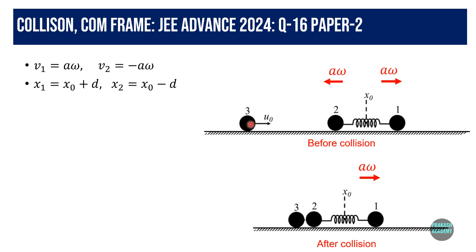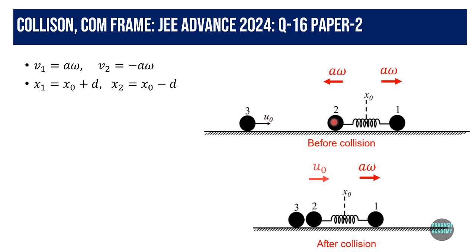So, this figure depicts the situation before the collision. Now, this particle is coming and it will collide with this particle. So, this is the collision, and then this situation depicts after the collision. So, what will happen? This velocity u naught and this velocity a omega will get interchanged because this mass and this mass are the same. So, this velocity u naught will get to this mass.